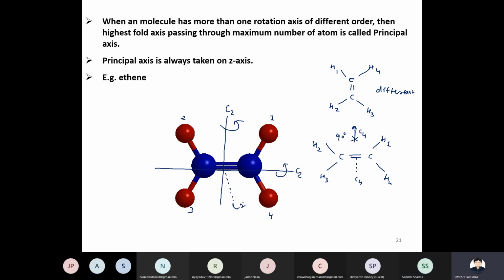Yes, good. 2 and 4, and 1 and 3, and also both the carbons can change their position. So see, all these three C2 are different, and the highest order axis is a C2, nothing else. Out of these three, you tell me which one is the principal axis.